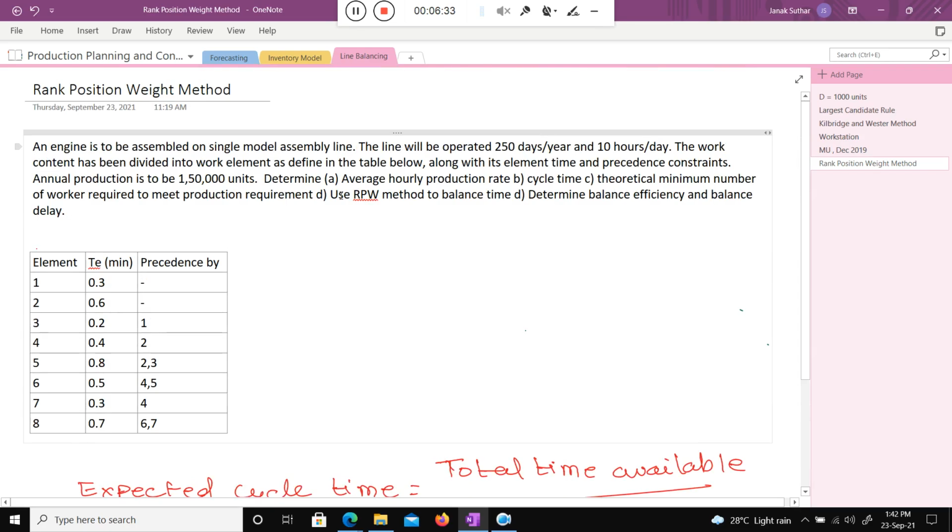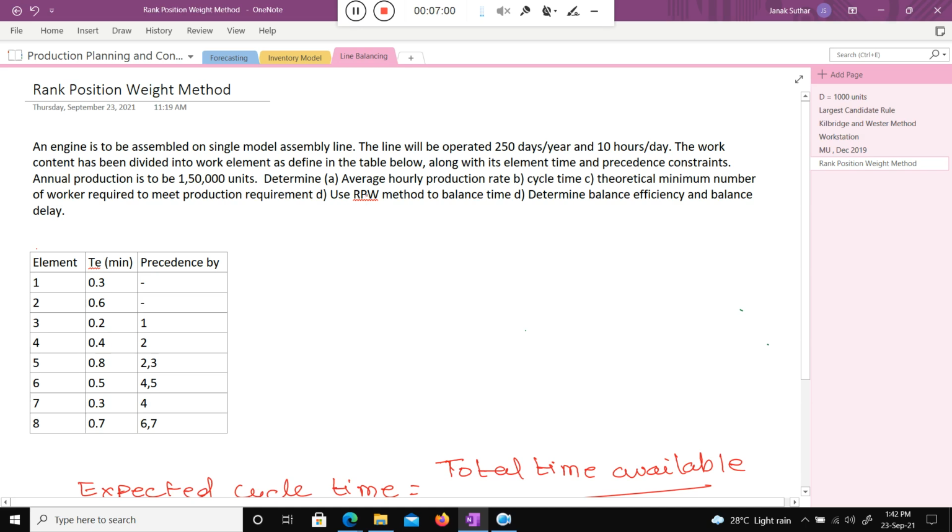Okay, the next point. What is sub-question A? The average hourly production rate. Per minute, the production required is 1, because that is the cycle time. So how much can you produce on average per hour, so that you can supply these 1,50,000 units?